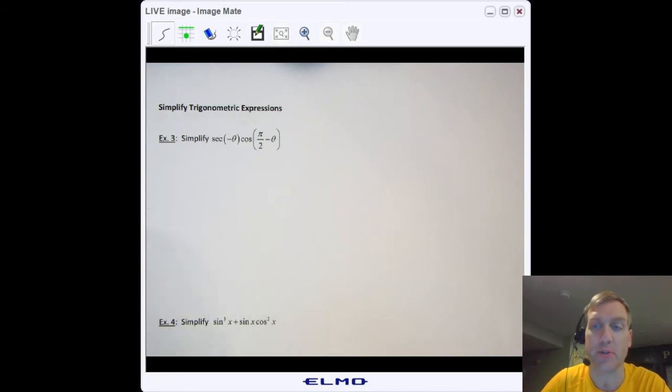You're starting with a trig expression that involves multiple different trig functions or multiple terms and multiple factors, and simplifying it down to just a single trig expression, or maybe a product of 2 different trig expressions, something like that. But basically, you're taking something that looks complicated and making it look easier using a couple different things.